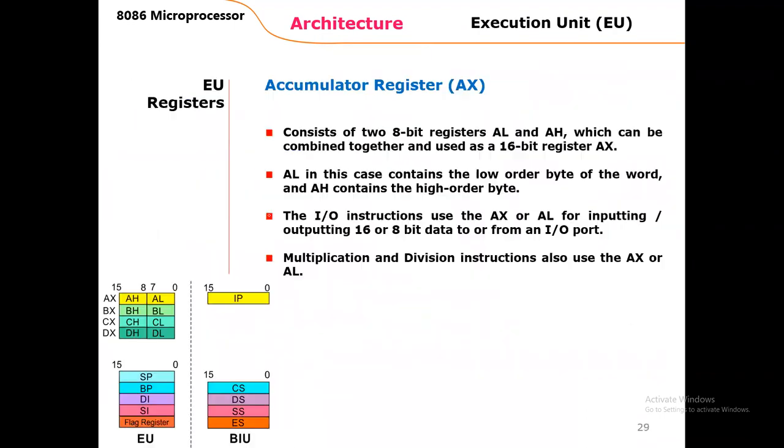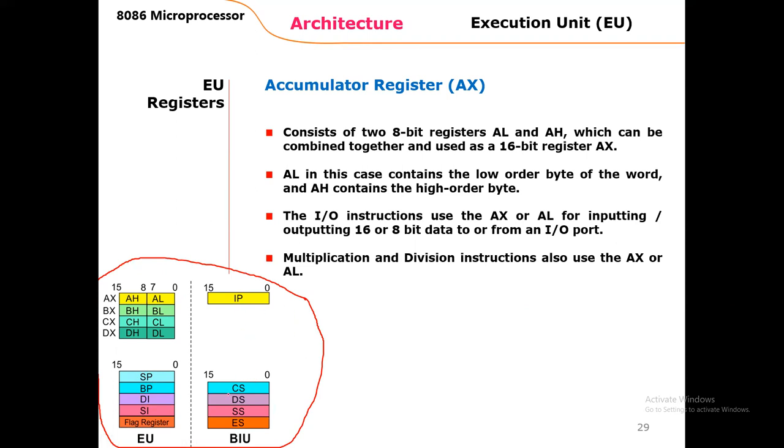In the execution part, you know the general purpose registers AX, BX, CX, DX, and SP, BP: the stack pointer, base pointer, and the destination index and source index, and the flag register. These are all execution part registers, and this is the bus interface unit part register.